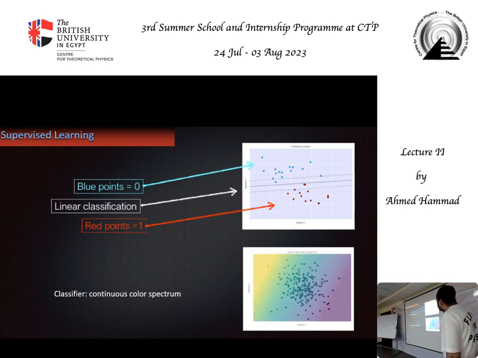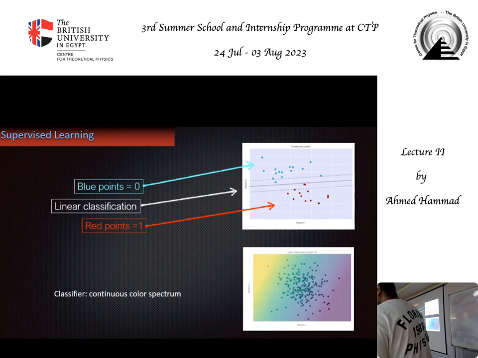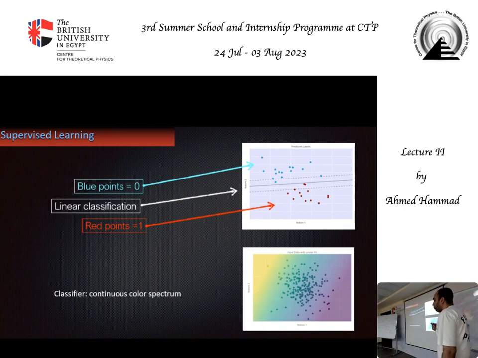For the regression model, we have continuous data, so we cannot assign a linear classifier between the two data, because it's like a continuous color map. So the model can classify this by color map. If the point lies over here, then it has a color, for example a black color with 0.1.